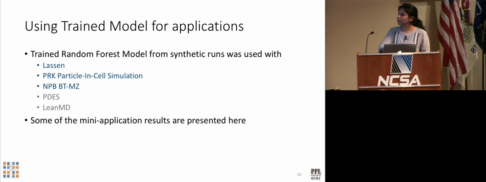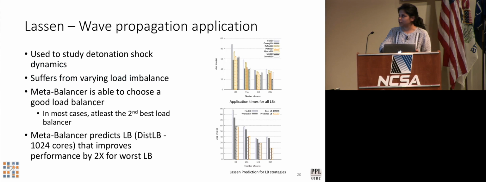So quickly moving on to some of the example applications that we tested against. I'm going to talk about Lassen, PRK PIC simulation, and NPB BTMZ. We had a few more benchmarks that we tested against. The Lassen wave propagation application had, as you can see in the lower graph, almost all the predictions that were made close to the best LB.